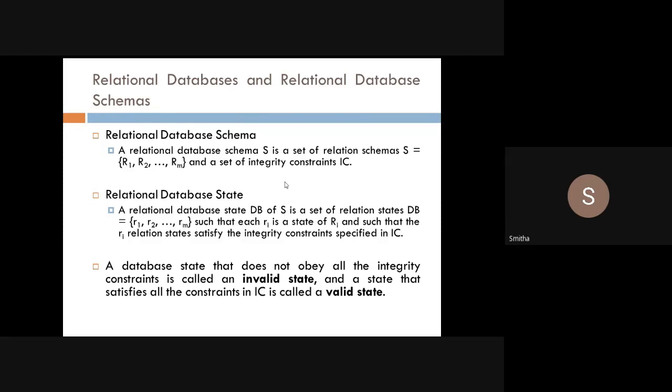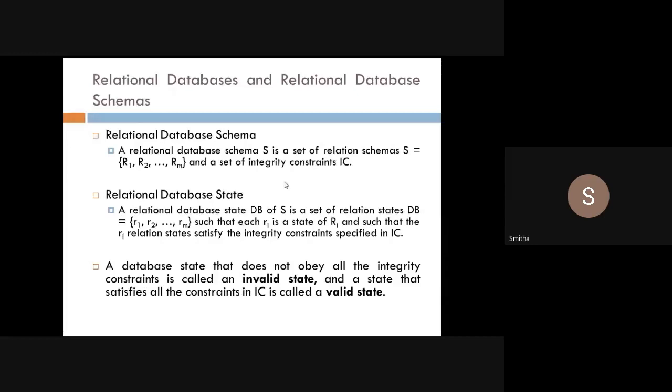IC means integrity constraints. Next, a database state that does not obey all the integrity constraints is called an invalid state. If a particular domain value or any particular tuple is not obeying the integrity constraints, then that will be considered an invalid state.